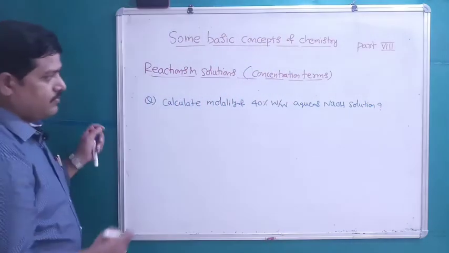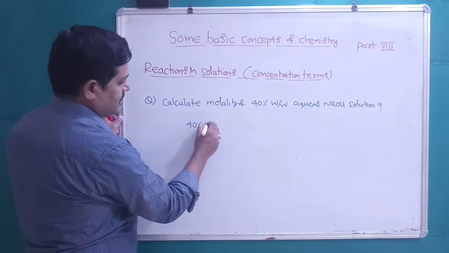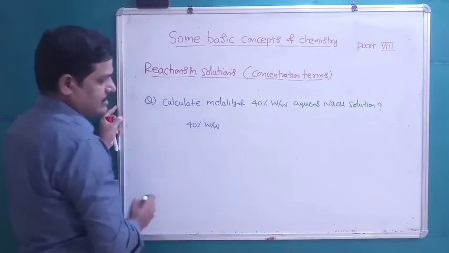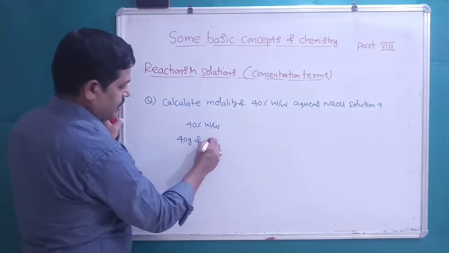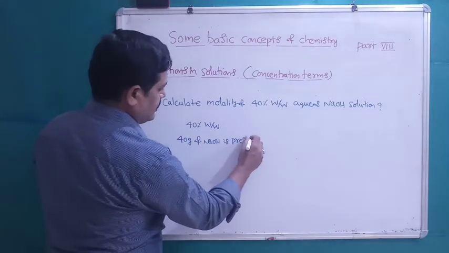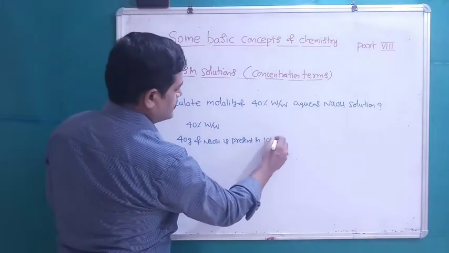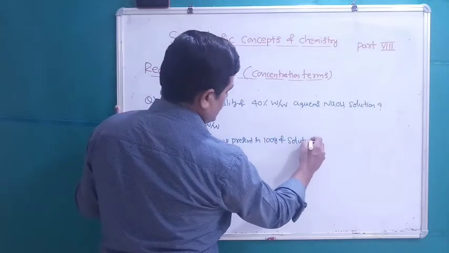Students, when 40% weight by weight is given, it means 40 grams of NaOH is present in 100 grams of solution, right?